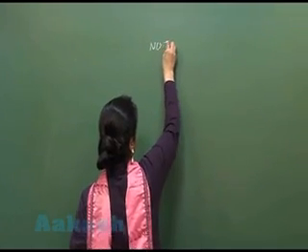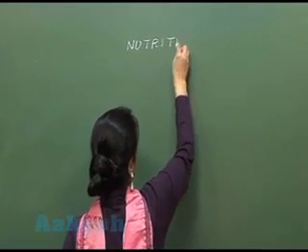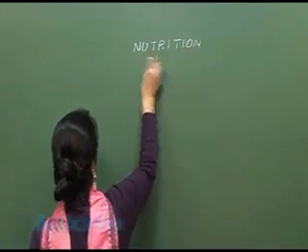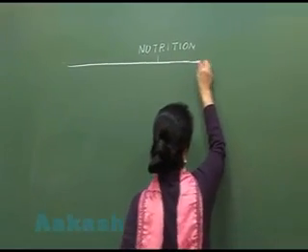So now we will be discussing nutrition in bacteria. Two categories are there, that is autotrophs and heterotrophs.